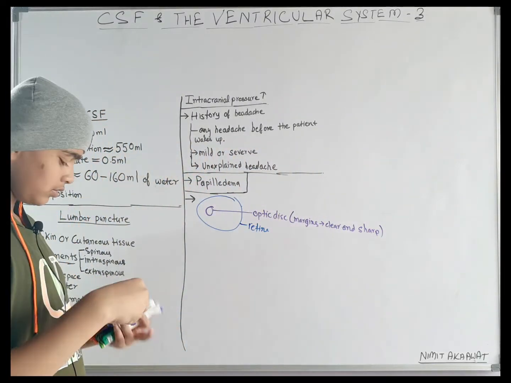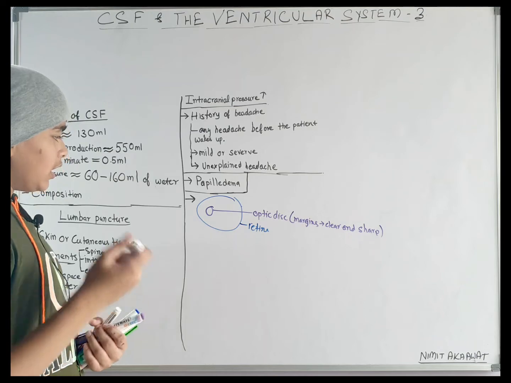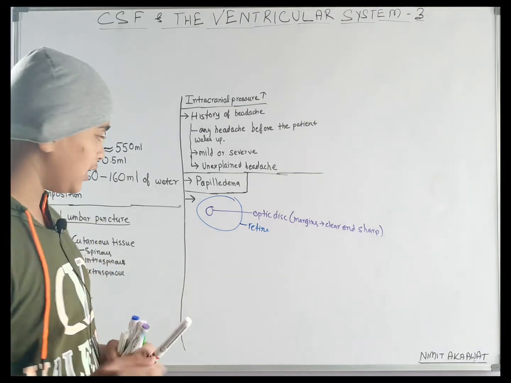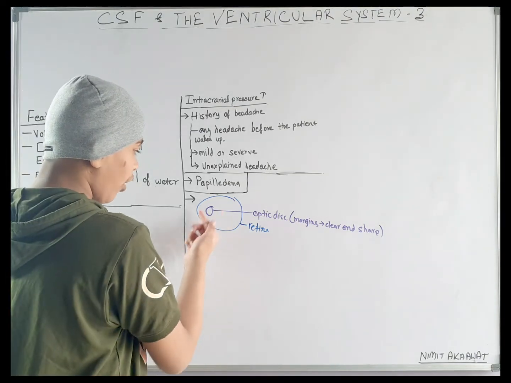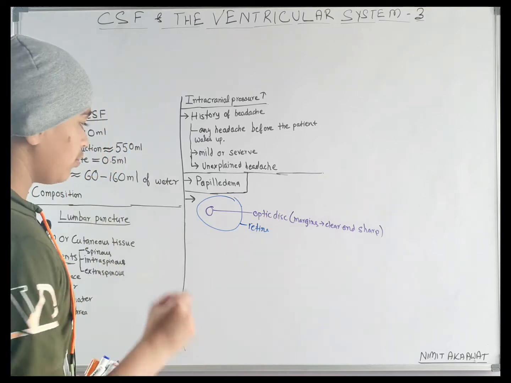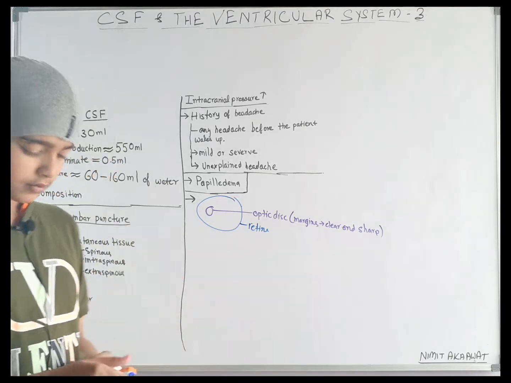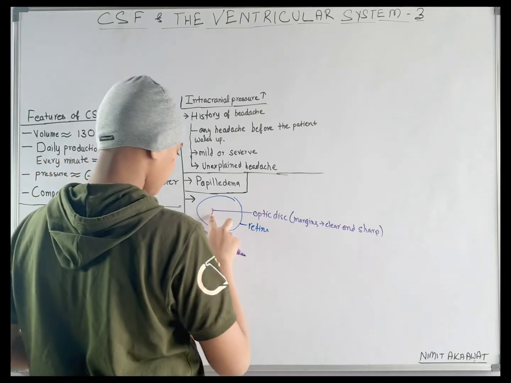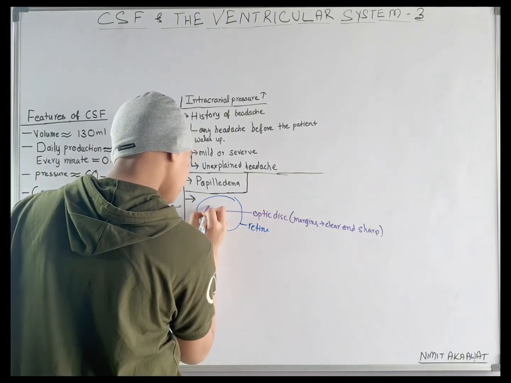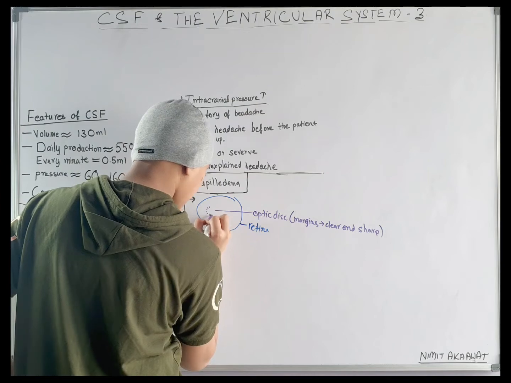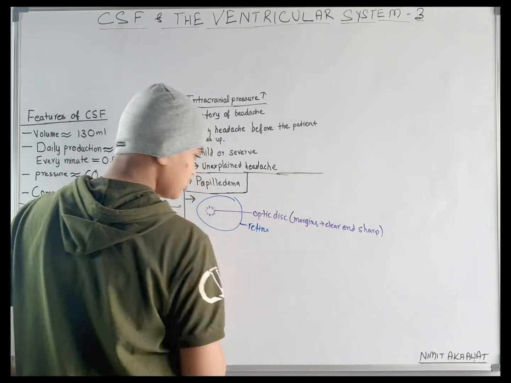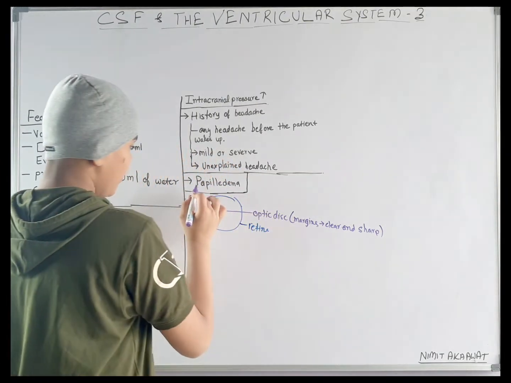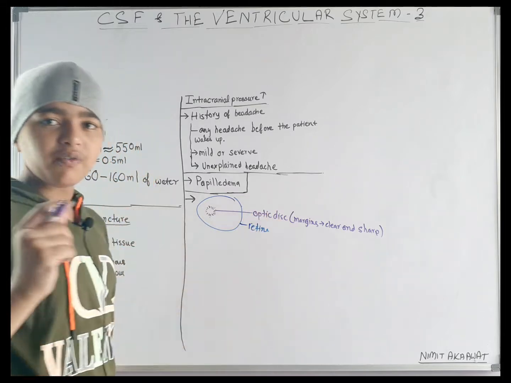But in a patient who has papilledema, the margins of the optic disc are blurred when we look through the ophthalmoscope. So this is how the optic disc looks in a patient who has papilledema by the ophthalmoscope.